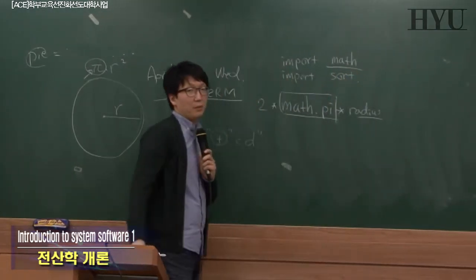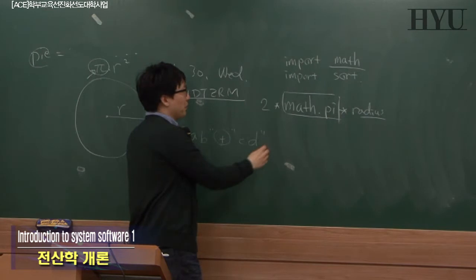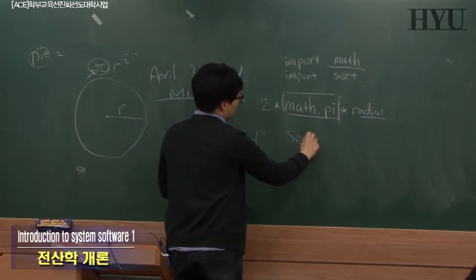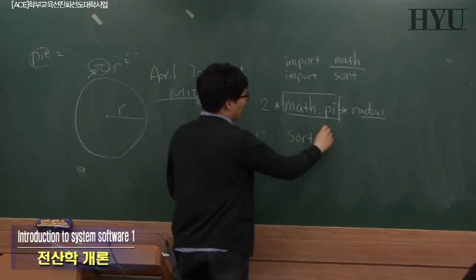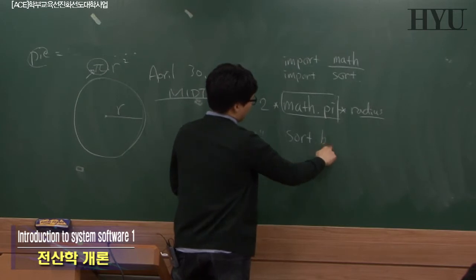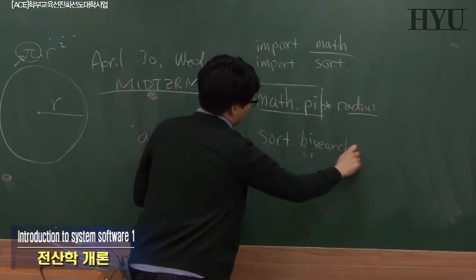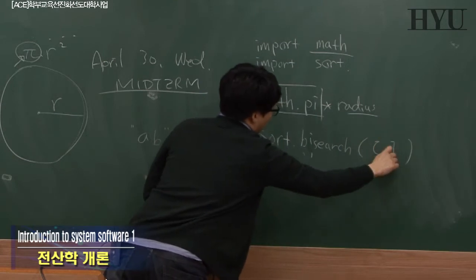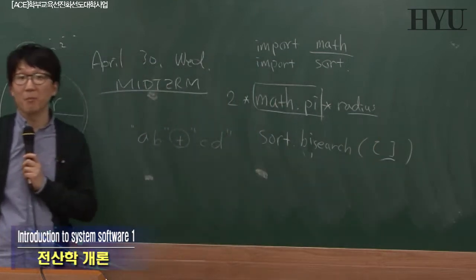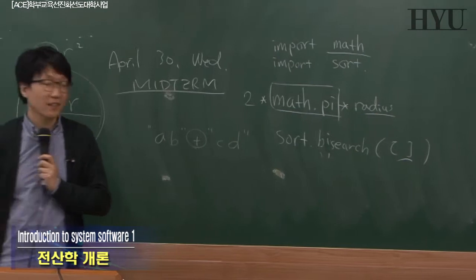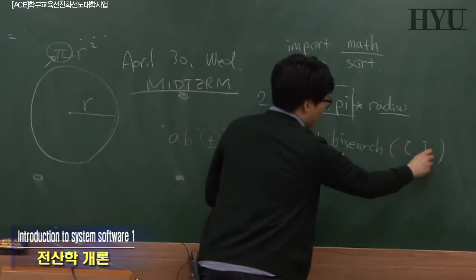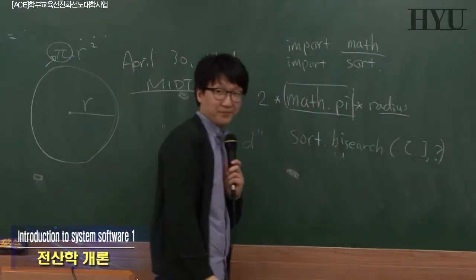At the beginning of the program, I'm going to say use it. Maybe within the sort module, I can use binary search. Give a list of numbers that you want to search, and the value that you're looking for.